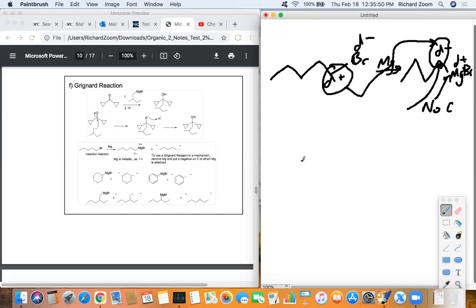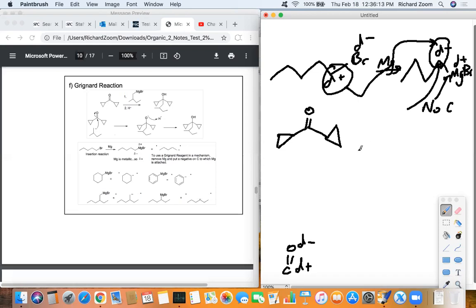All right, when dealing with the mechanism then, what we do is we take note of the fact that the C double bond O has a polarity associated with it.